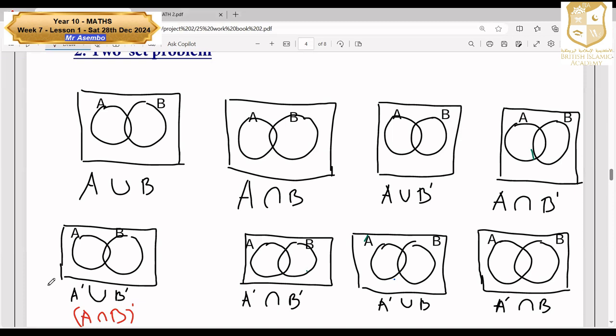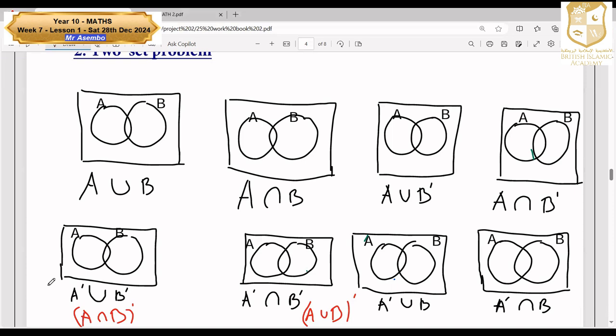And then A complement intersection B complement is the same as taking A union B and then the complement outside of it like that. You shall also be able to try to prove it and see if indeed you are going to get the same result. So the result of A complement intersection B complement is just the same as A union B complement.